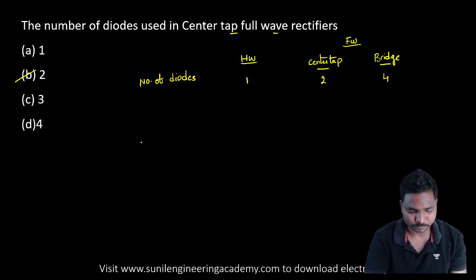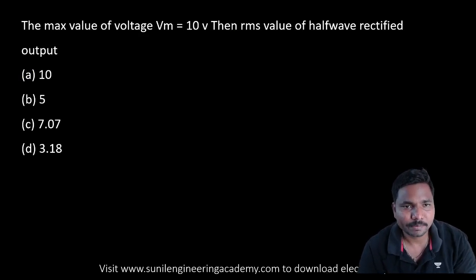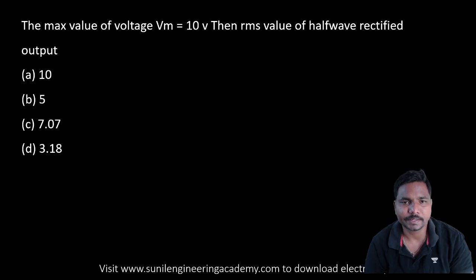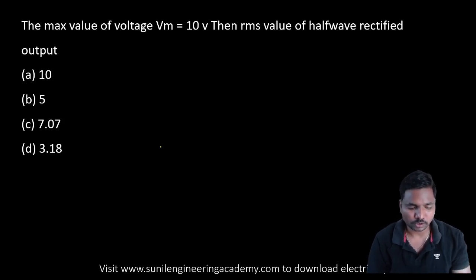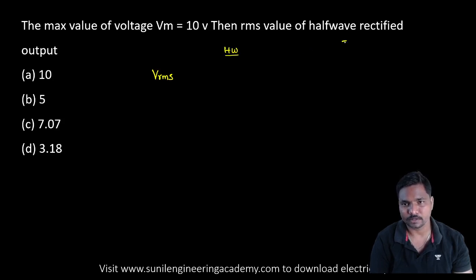Coming to the next question, guys. The maximum value of voltage Vm is equal to 10 volts. Then the RMS value of the half wave rectifier output. First of all, VRMS for half wave, and in case of full wave, center tap and bridge rectifier.